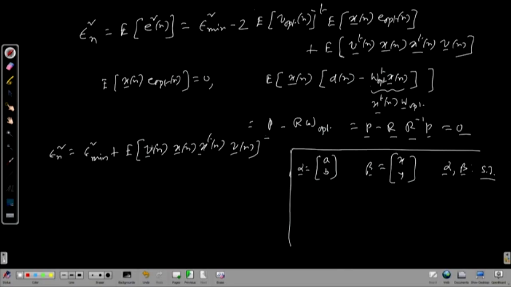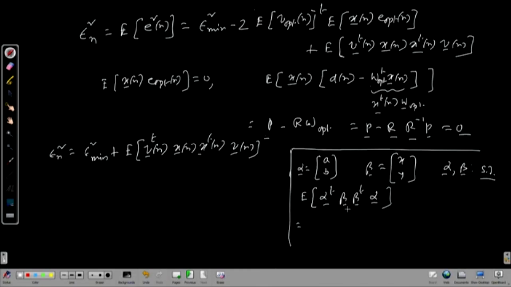Suppose we have alpha transpose, then beta, beta transpose, and then again alpha.